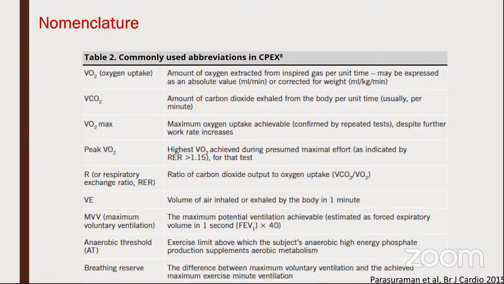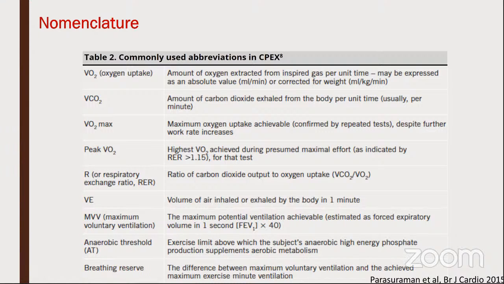An important parameter which we usually measure is the peak VO2. There is something similar, which is also called VO2 max. They have slightly different connotations. The VO2 max is the maximum oxygen uptake, but usually you obtain this only if you do repeated tests, and it's only achievable in high elite athletes, where at some point when they exercise the oxygen uptake plateaus.